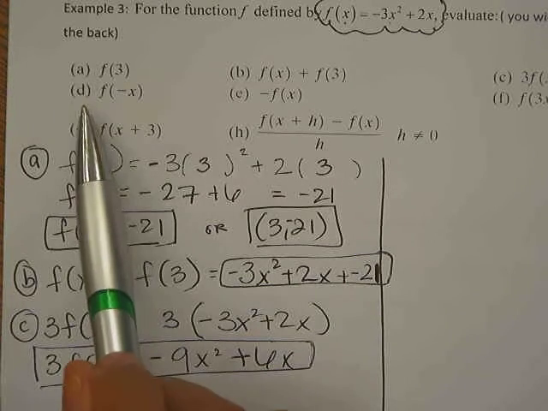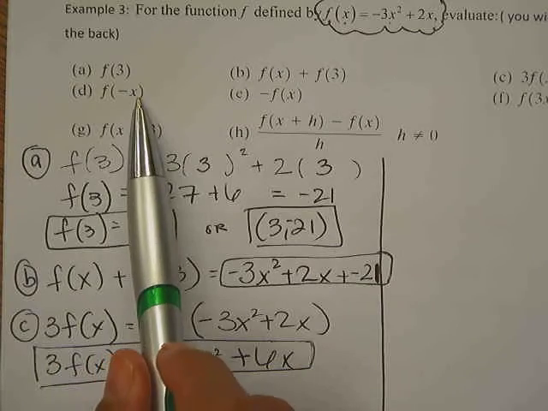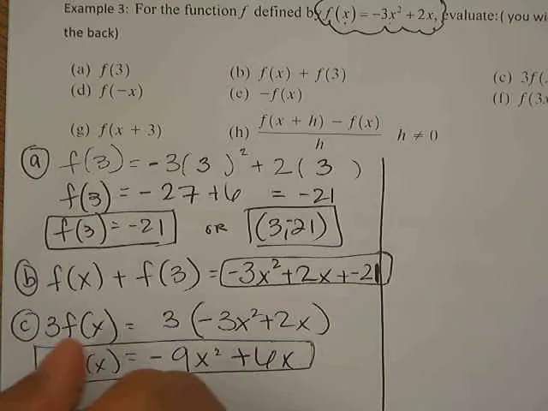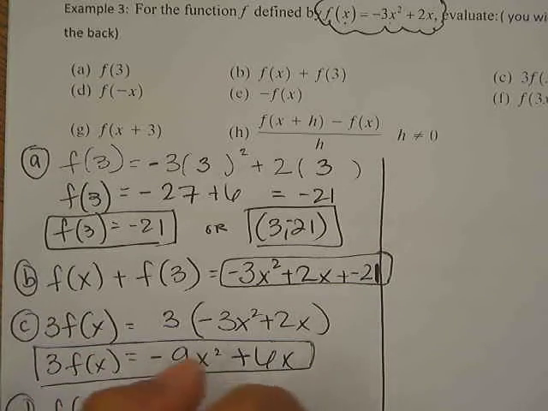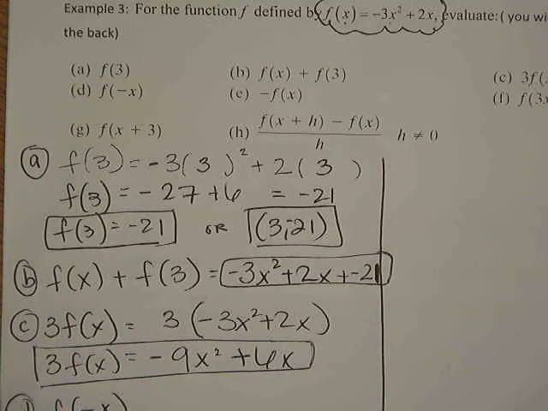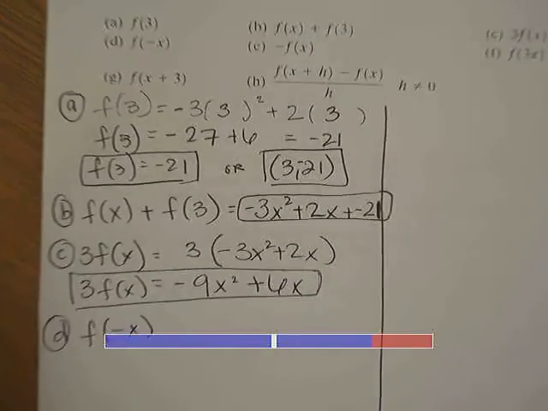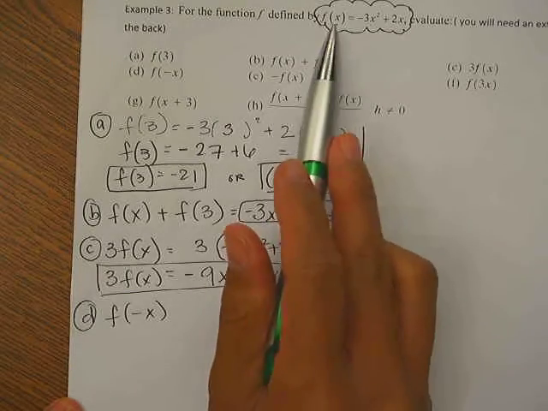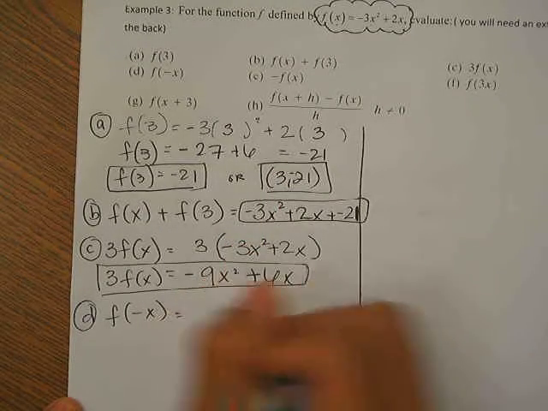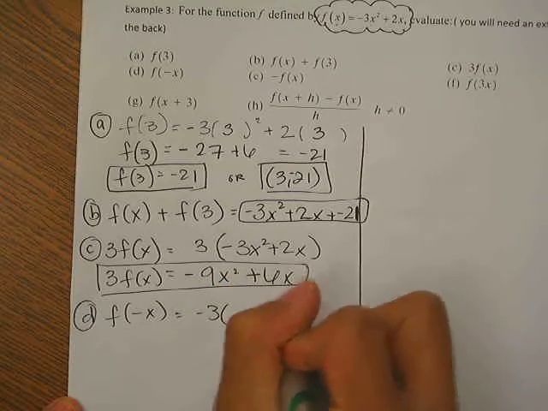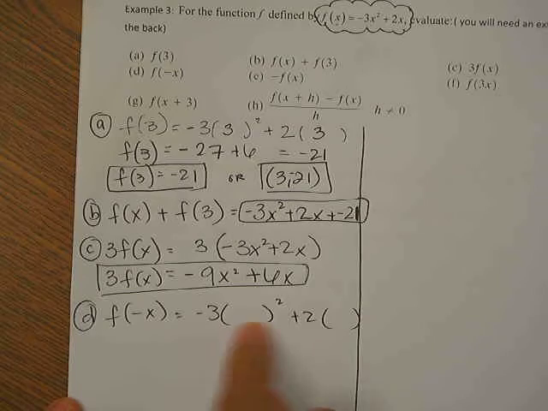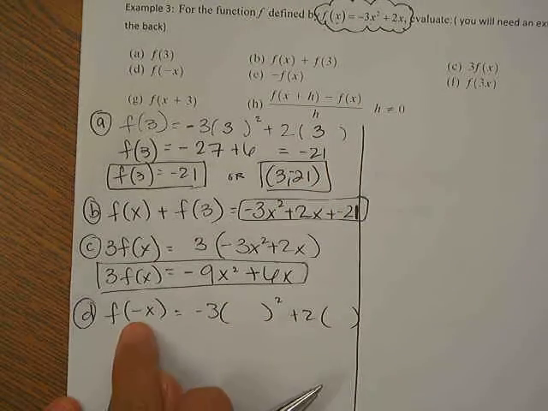Alright, next I'm asking you to find f of negative x. So instead of just a regular input of x, what is your input now? I want to change all of my regular inputs to negative x. So here we go. I'm going to write all the numbers first. These blank spaces are where the input, the x, used to be. So now I have a new input.